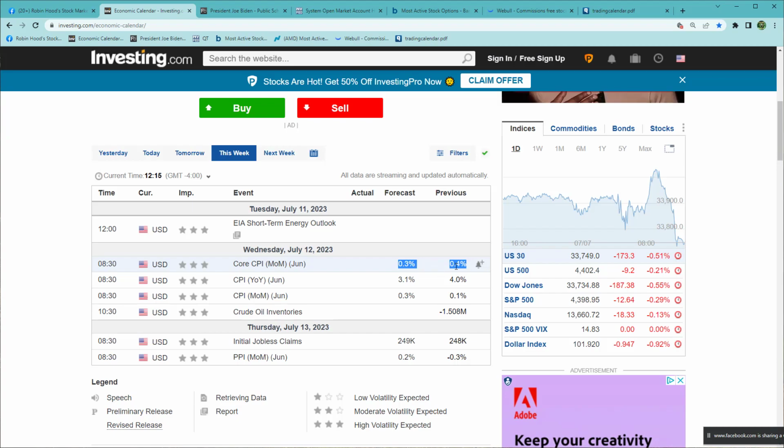Is it more than or is it less than? So in this case, with the core CPI month over month for the month of June, the forecast is less than the previous. So typically this should provide bearish characteristics. But again, if we're looking at a possibility where bad news can be good news, then this would provide bullish characteristics.